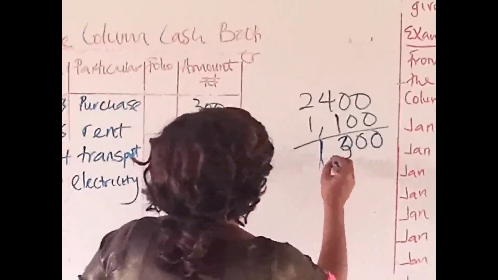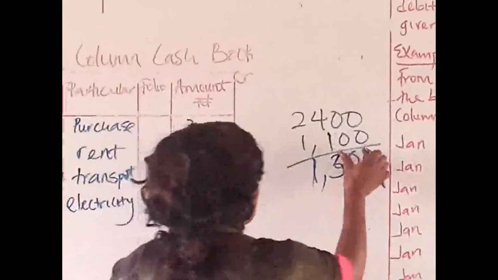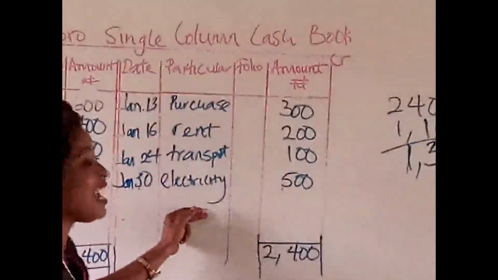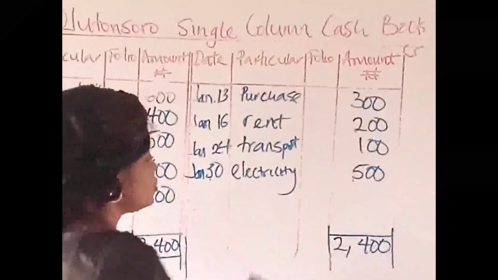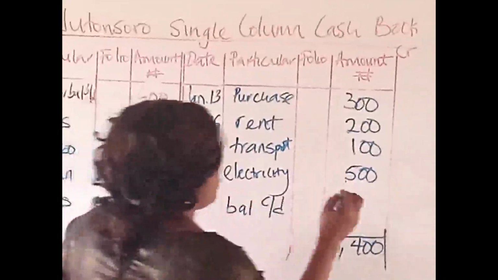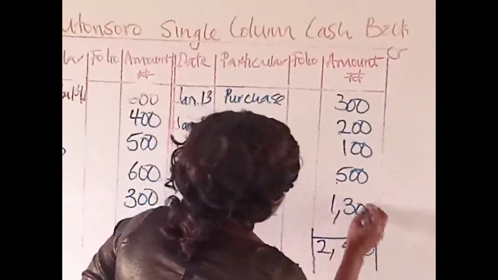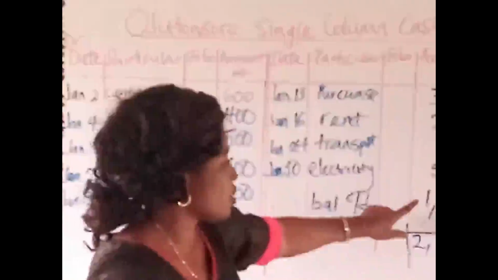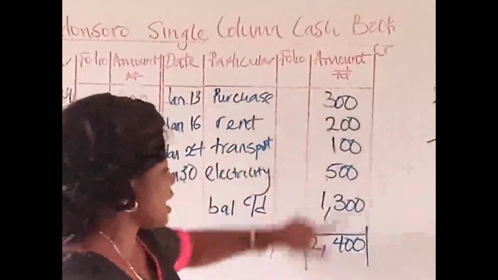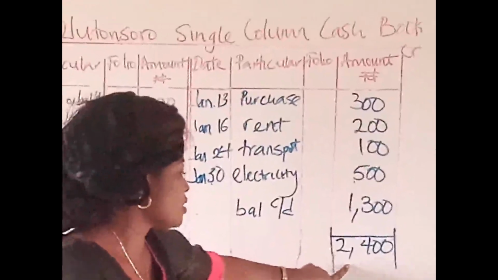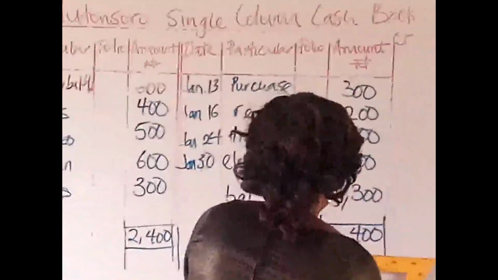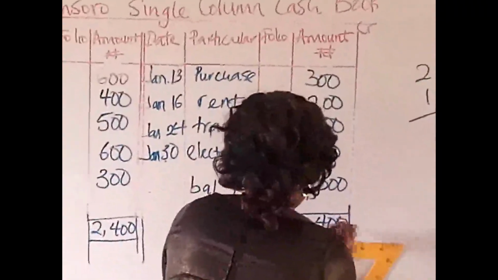So our difference is 1,300. Plus 100 plus 200 plus 300, we arrive at this figure again, at this total 2,400. Then you close it. The two, don't forget, the two must be on a straight line.